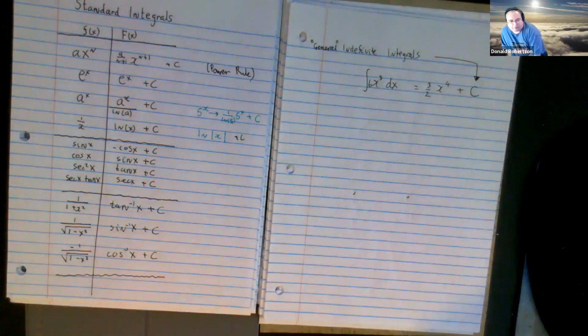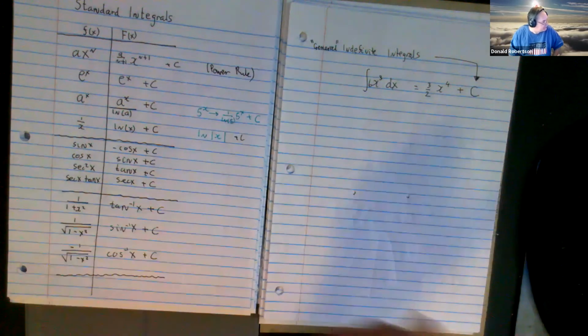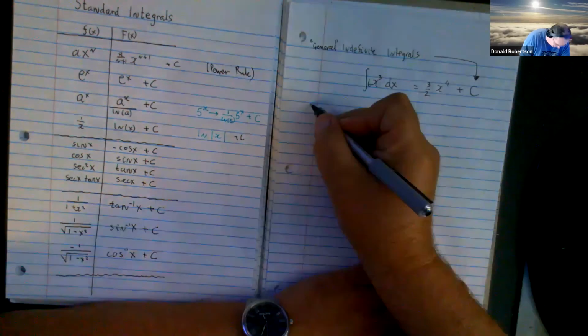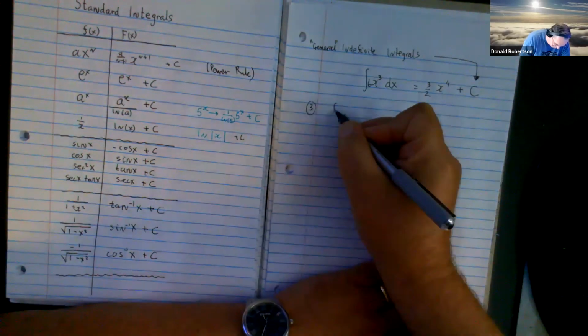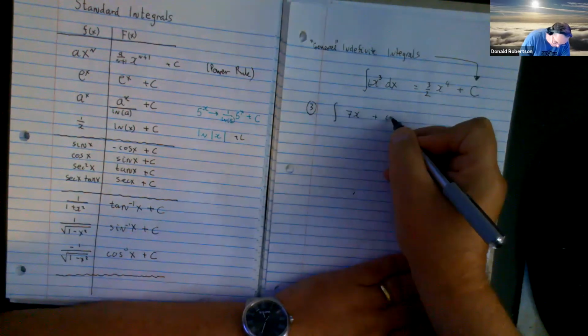But aren't you still going to use the same kind of tricks of the trade that we've already been using? Power rules and whatever one belongs here, and you're going to apply them. So here is an example. This is question 3. And we're going to do the integral of 7x plus a cosine of x.